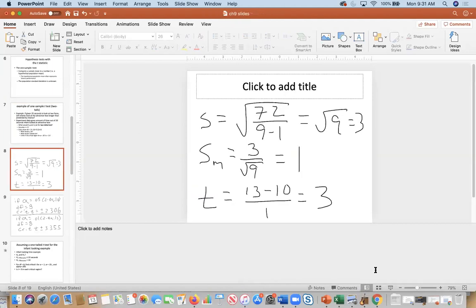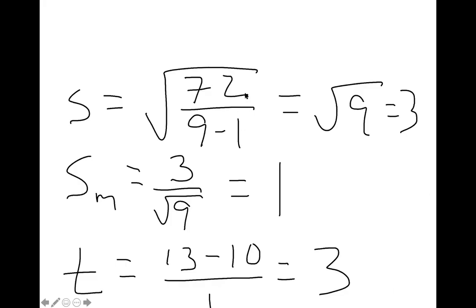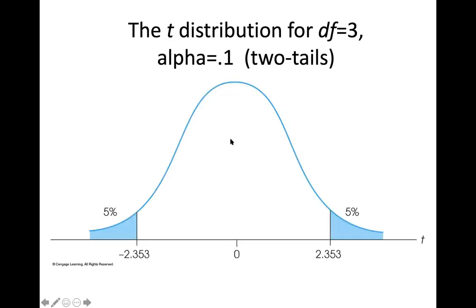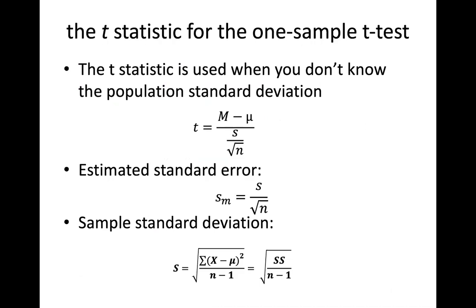But here's the work for that. So 72 was the sum of squares. And right here, this was n minus 1. So this S right here, this is me working out, going all the way back to this formula right here. This is the sample standard deviation. Right here, this is our sum of squares, which I said was 72.